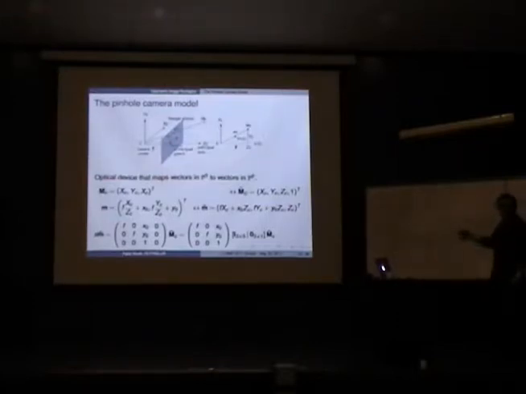You just multiply by a non-zero constant, and I chose to multiply by ZC, which I know is non-zero, and then I get in homogeneous coordinates the transformation, which writes this way. So we have this matrix, which can also be simplified in this way. This matrix is very important because we're going to operate on it and derive what is called the calibration matrix, the matrix that characterizes my camera.